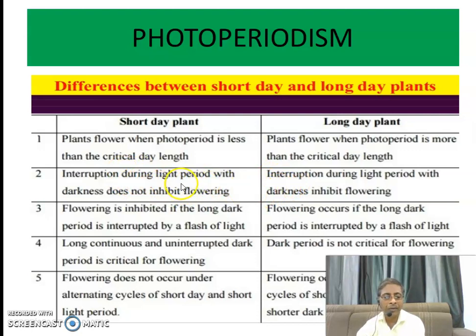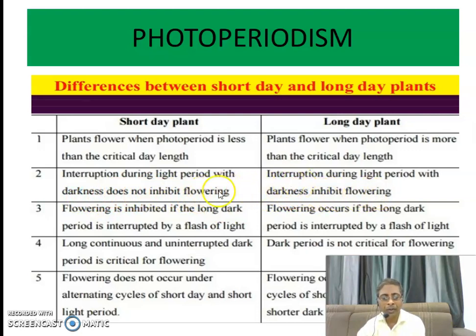Another basic difference between short day plant and long day plant is interruption during the light period. Interruption of the light period with darkness does not inhibit flowering in one, while in the other, darkness inhibits flowering.